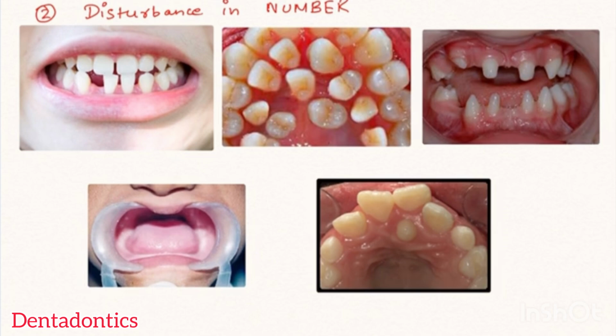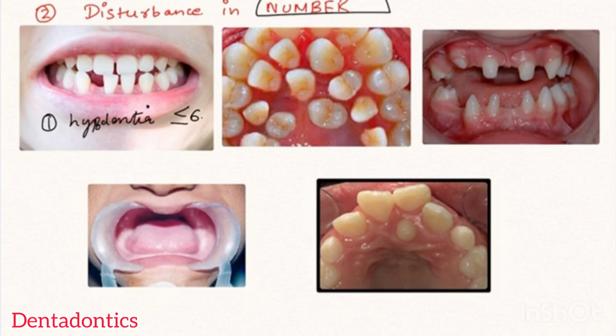Now coming to the disturbances in tooth number, the first condition is hypodontia. Hypodontia is when there are less than or equal to 6 teeth missing. So the number of missing teeth will be less than 6, excluding third molar. This is the important point: excluding third molar, there should be less than 6 teeth absent.